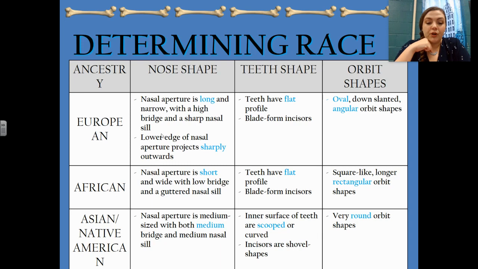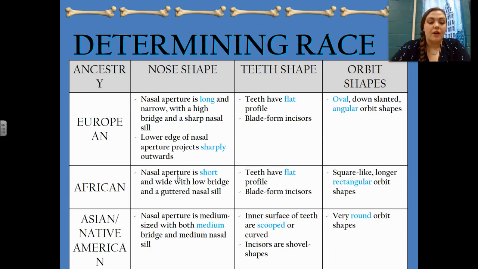The nasal aperture is short and wide for an African. So if we look at the comparison for African descent, usually the nasal aperture, the overall hole, is shorter and wider, with a low bridge and a guttered nasal sill. The little bone that I told you was pointy in European ancestry is not pointy. It's basically almost flat, sometimes not even there.